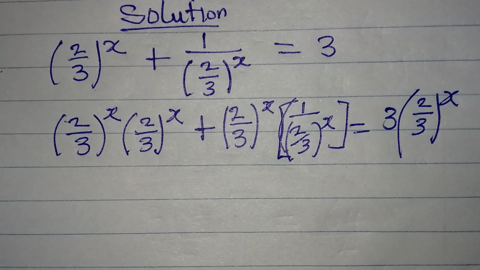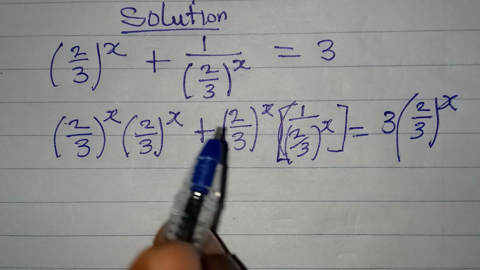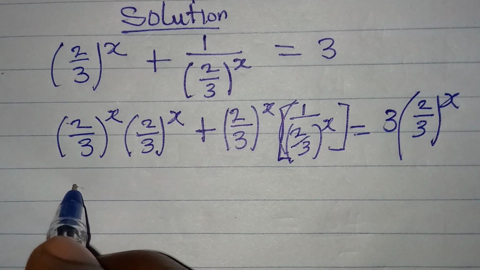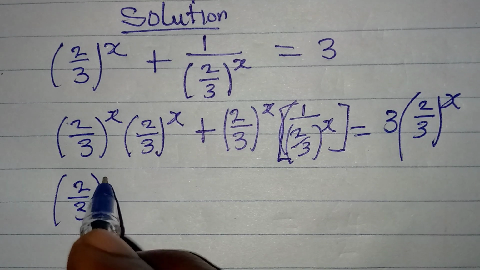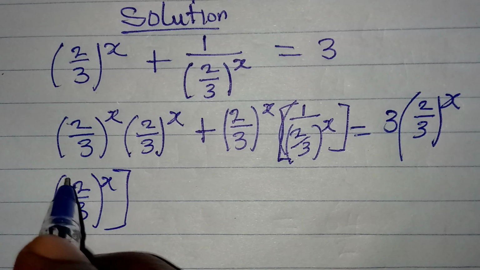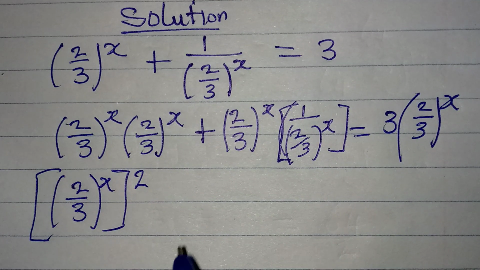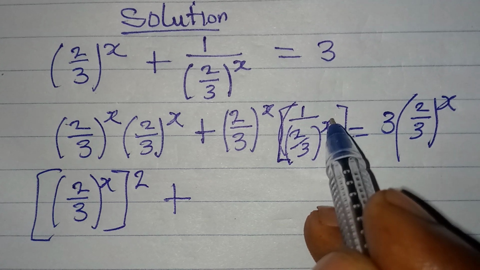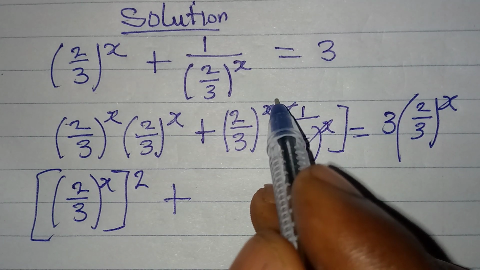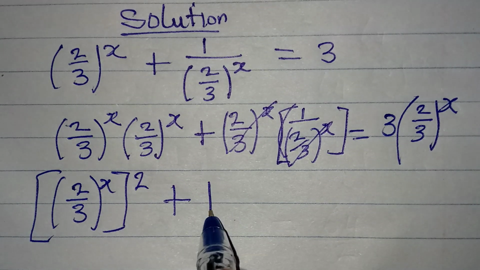Okay, so let's continue from here. Now we have (2/3)^x in two places. So meaning that here we're going to have (2/3)^x in two places. That means we're having square of this. Plus here, this (2/3)^x is going to cancel this (2/3)^x, so what is left over there is 1.